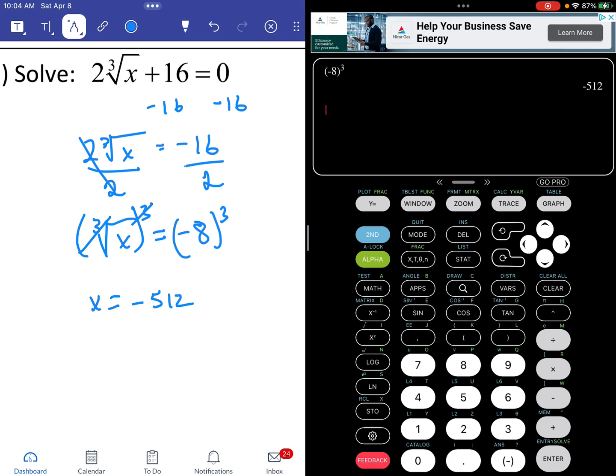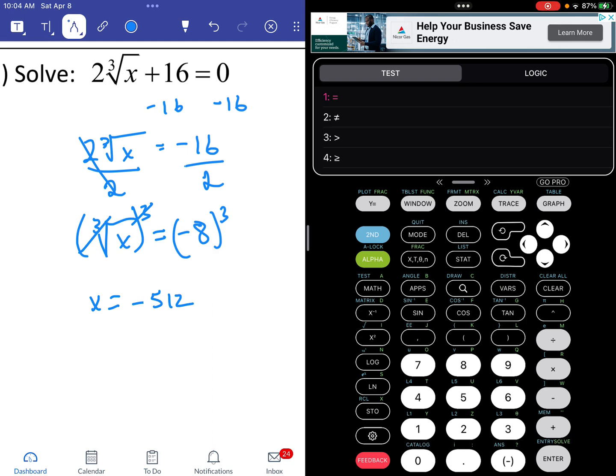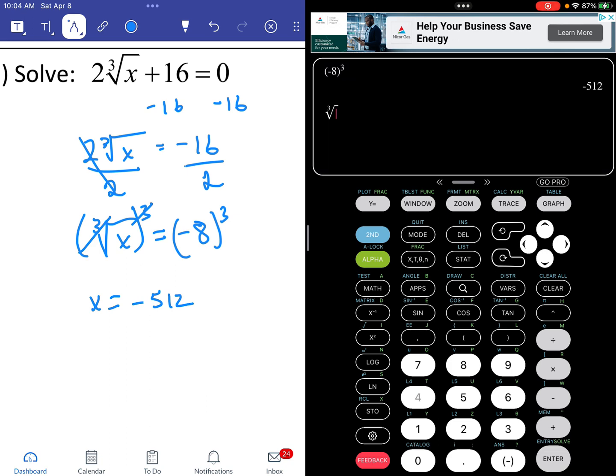Now if I were to put that back into my equation and simplify it, let's see if I can find this thing in here. I bet it's under here. If I hit math, there we go. The cube root of number is number 4. I'll put negative 512. I get that. I'll multiply that by 2. And I'll add 16, which should give me, what the heck?